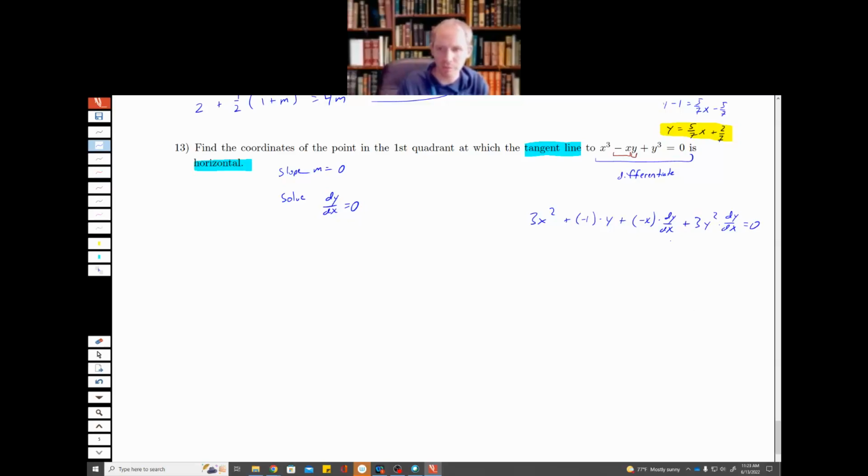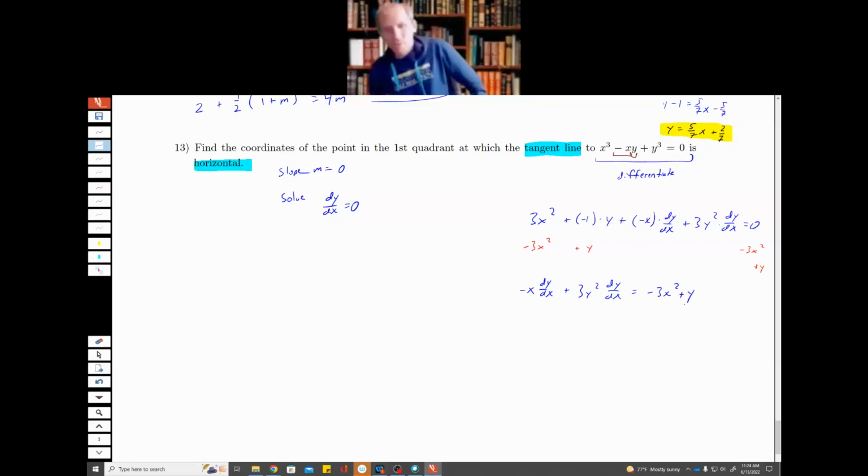Okay, in this case, I do want to solve for dy dx, so I'm going to subtract 3x squared from both sides, and then I'm going to add y to both sides. Okay, so now I have negative x dy dx plus 3y squared dy dx equals negative 3x squared plus y.